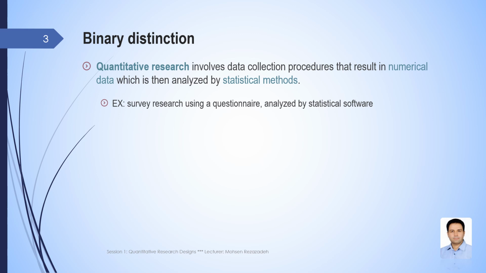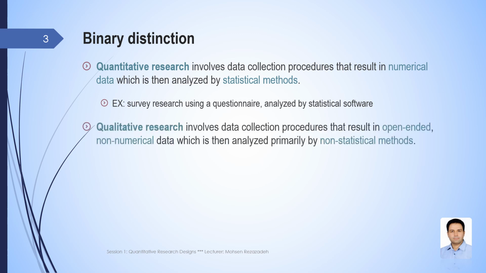In fact, quantitative research is obtrusive and controlled, is objective, is generalizable, and we can say outcome-oriented. On the other hand, qualitative research involves data collection procedures that result in open-ended, non-numerical data, which is then analyzed primarily by non-statistical methods.